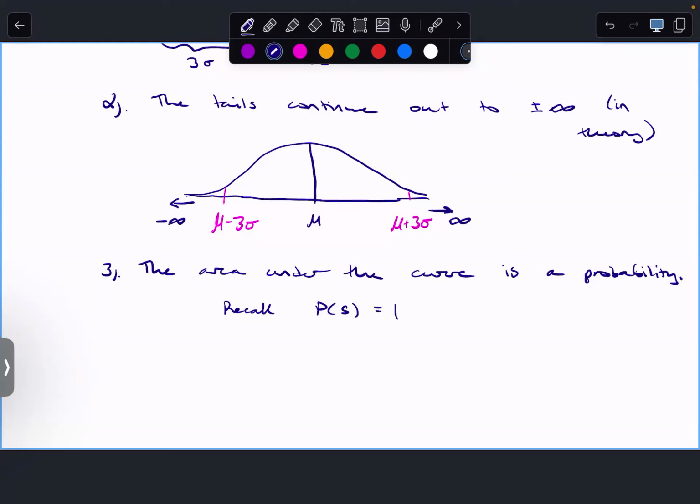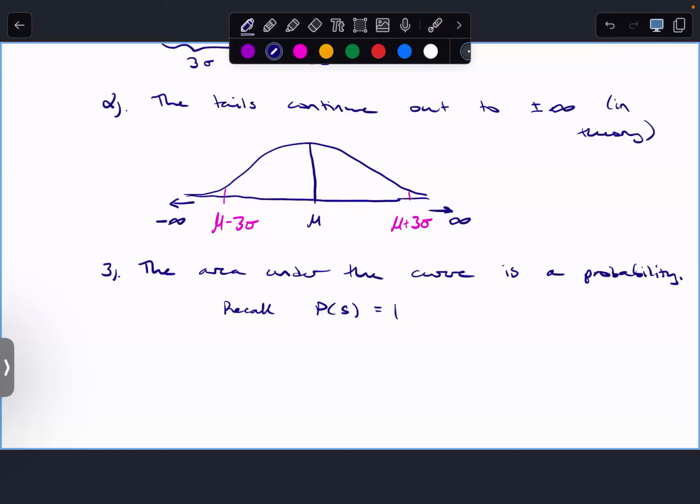What does the sample space look like in this case? All possible outcomes still, right? But now we're on this continuous scale from negative infinity out to positive infinity, which means that the total area under the curve is 1. Okay?